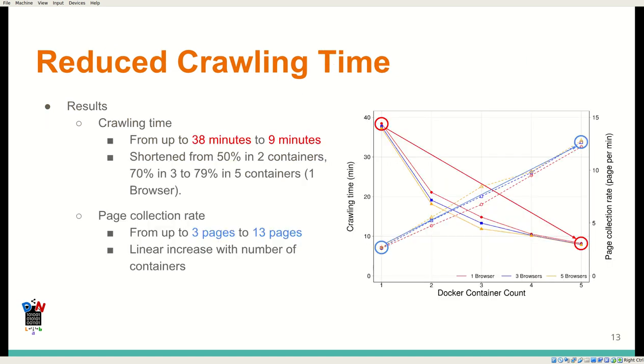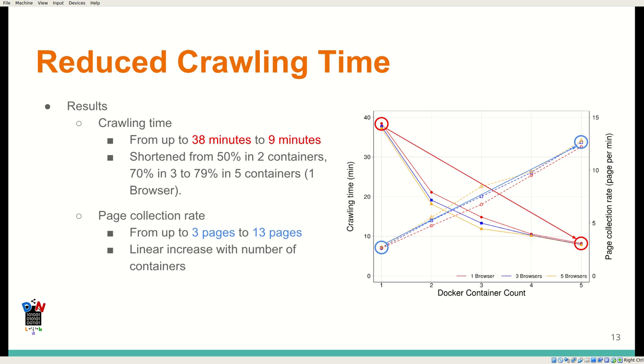The result of the following experiment showed that using a Docker-based Tor crawler can reduce crawling time. We compare the crawling time for 100 sample onion addresses. We were able to shorten the crawling time from up to 8 minutes to 9 minutes.